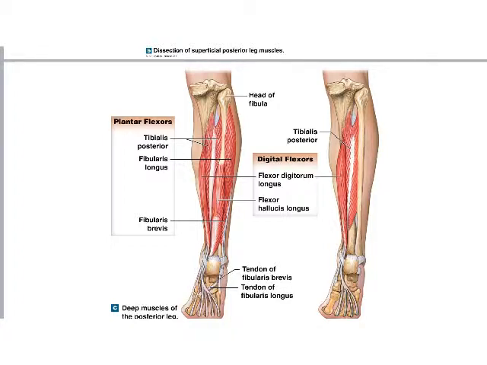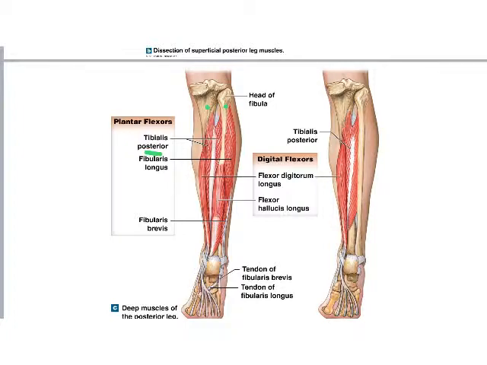You're going to get tibialis posterior. That's kind of the primary muscle that you see. And the way that you can identify it is that it runs in between the tibia and the fibula. So if you're looking at the muscle that's running in between those two bones deep posteriorly, that's tibialis posterior. And the name kind of tells you where it is.